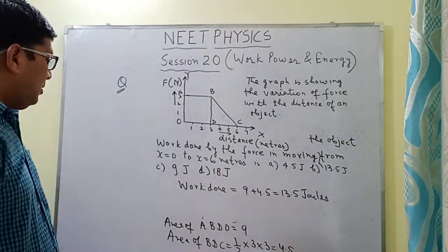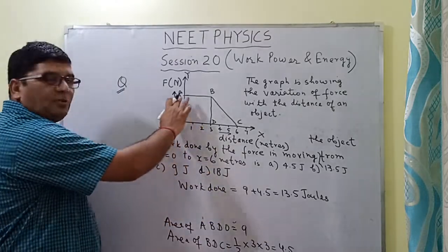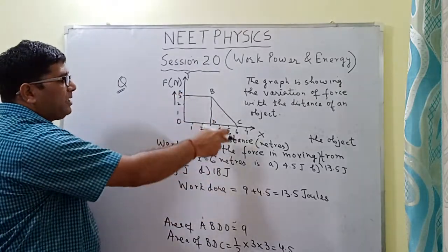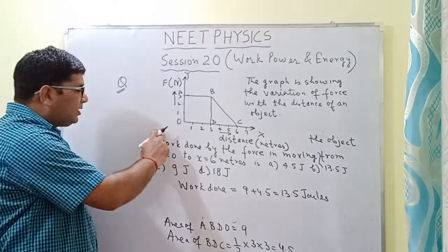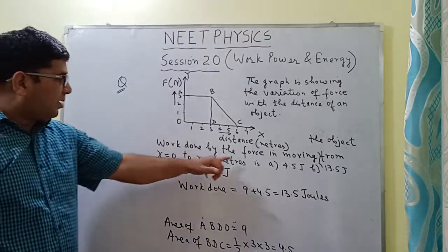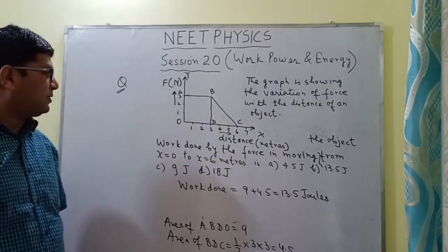So this is how you have to do this question. Here simply you have to find the area enclosed by this curve, and the area enclosed by this curve will give you the work done by the force in moving this object from x equal to 0 to x equal to 6 meter.